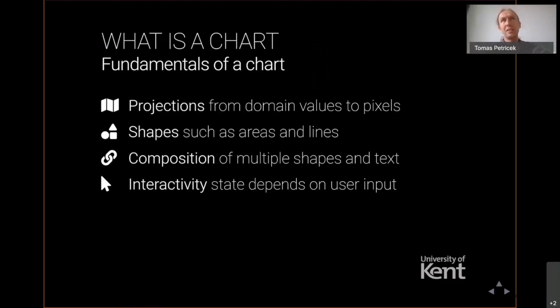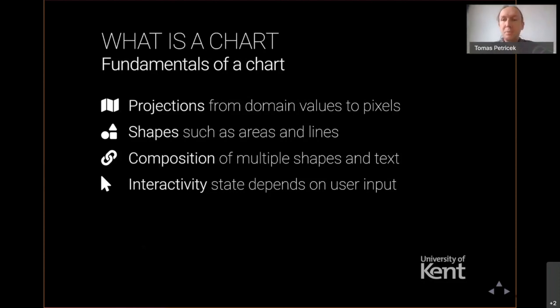So when you go through these ideas, you'll see that there are some common things that are important about charts. There are some kinds of projections where you have domain values, say a country like the United States or the UK, or 200 members of parliament, that you have to map to pixels.